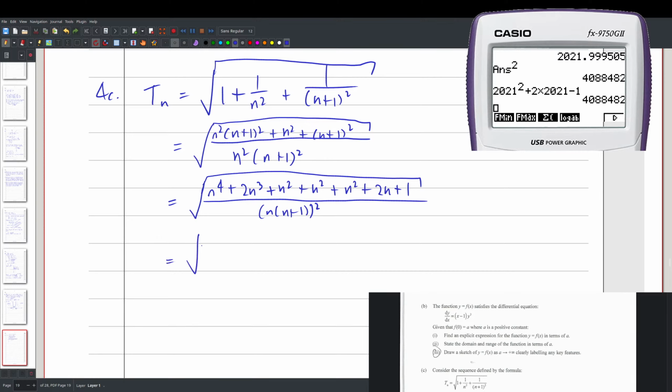And then this is equal to n to the 4 plus 2n cubed plus 3n squared plus 2n plus 1. Highly sus, bro. This is highly sus.